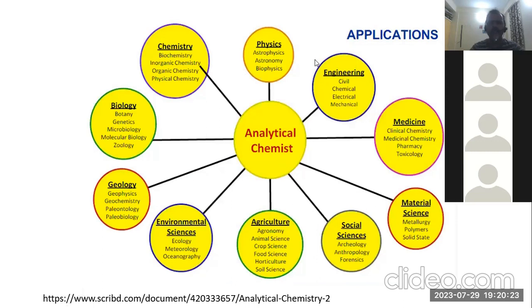Now we will discuss a little bit about the applications of analytical chemistry. If we are going to make any type of material, or take any type of medicine, or design any machine, and we need to know whether this machine will be useful for the conditions we are going to make, then first of all we need to know about the elements being used for construction of this machine, or constituents of the particular machine.